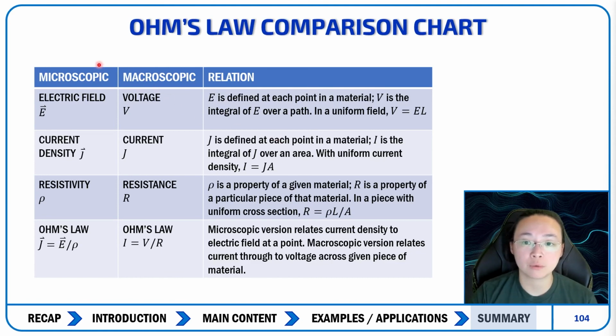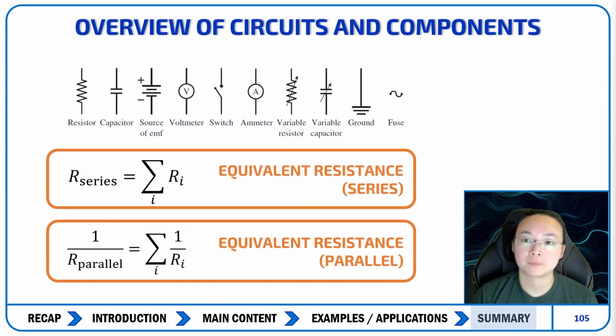It would be good to go through the microscopic and macroscopic views of each and to note the differences between the two of them. In terms of circuits and components, we found out that the equivalent resistance in series was just the sum total of all individual resistances, and the equivalent resistance for resistors in parallel is the summation of all of the reciprocal resistances.